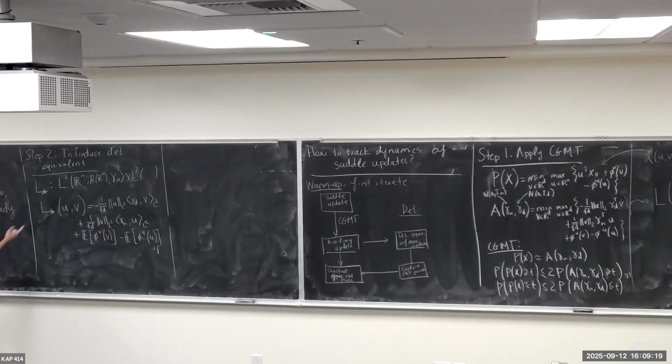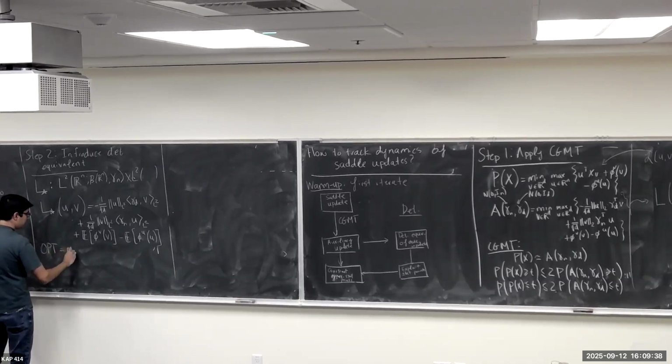So this L star inherits the same problems. It's deterministic, but it still inherits the same problems as that A. Nonetheless, what we'll define is a restriction of this. I'll call this OPT.